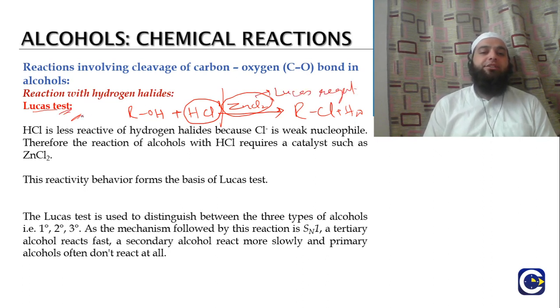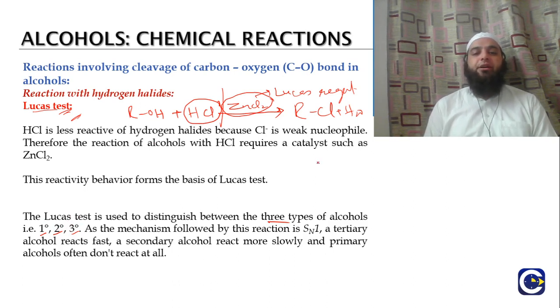And the Lucas test is actually a test to distinguish between the three types of alcohols. With the help of this test we can distinguish between primary, secondary, and tertiary alcohols, because the three types of alcohols behave differently towards the Lucas test.